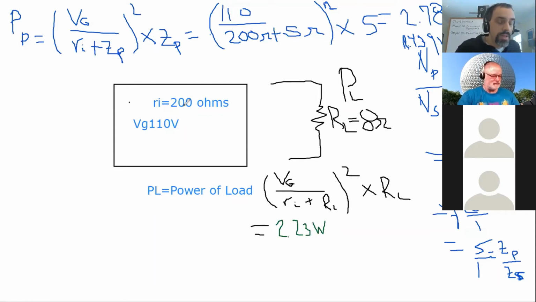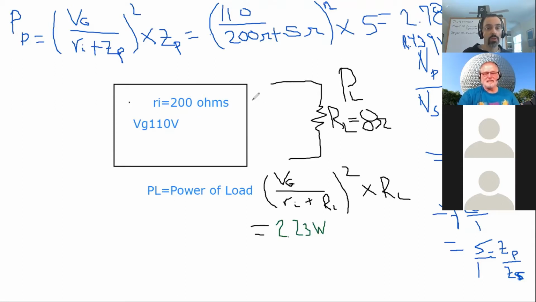All right, so basically what we did here, and I did not show you this yet, is in order to match the generator with this load, we used this equation right here, your transformer equation. So we use a transformer to do the impedance matching for us. That's what impedance matching is.